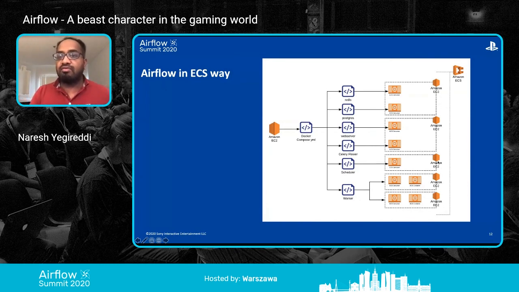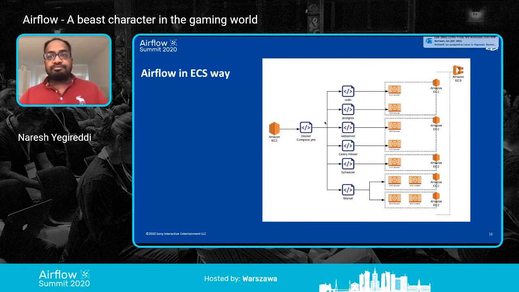So about 5 EC2 instances under one Elastic Container Service cluster, which is kind of giving us the power to horizontally scale our application. So at a very high level, the Airflow ECS way is nothing but the single Docker Compose YAML. You try splitting it and try attributing each individual service to the containers on the ECS, right?